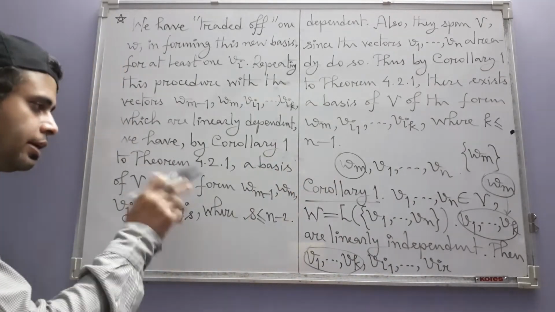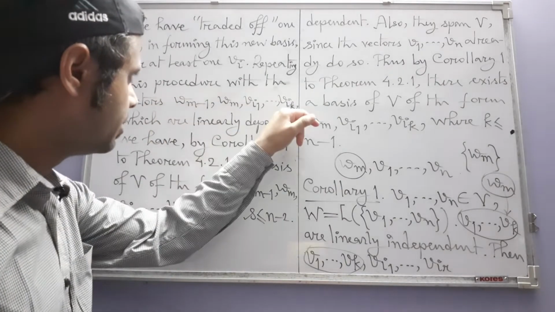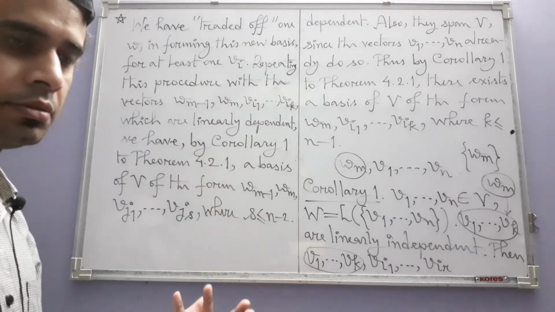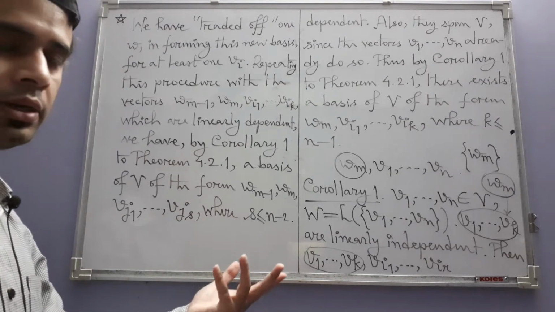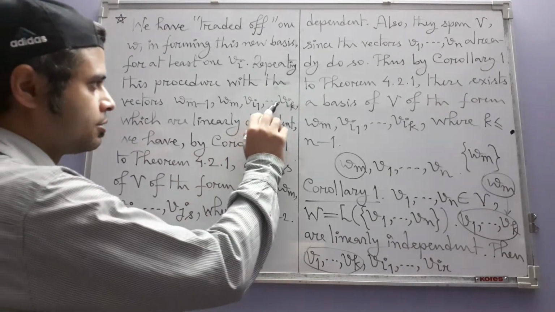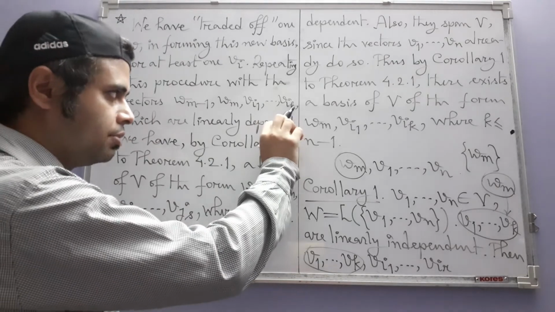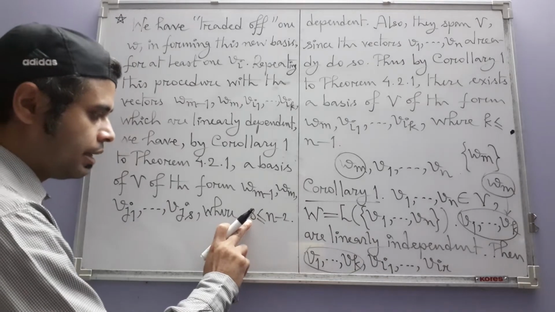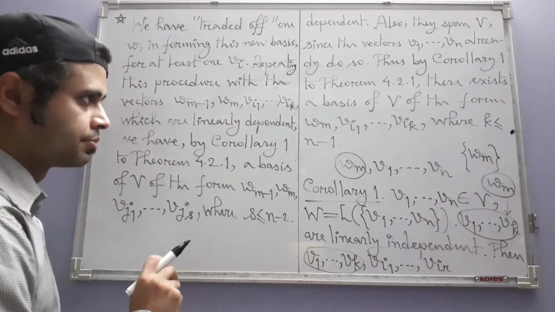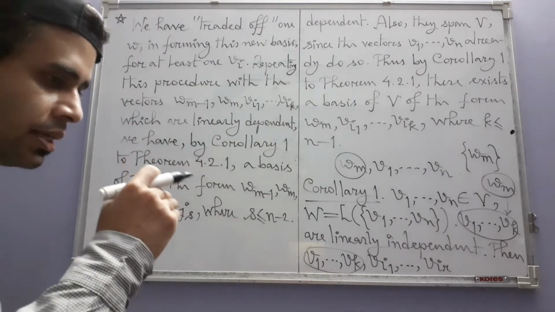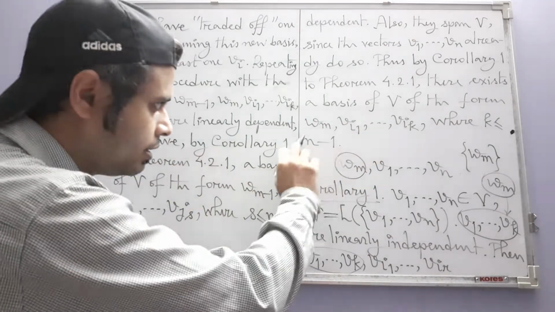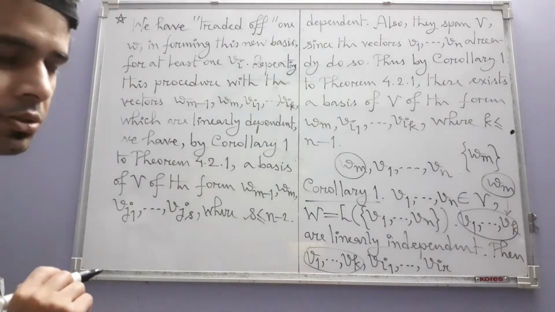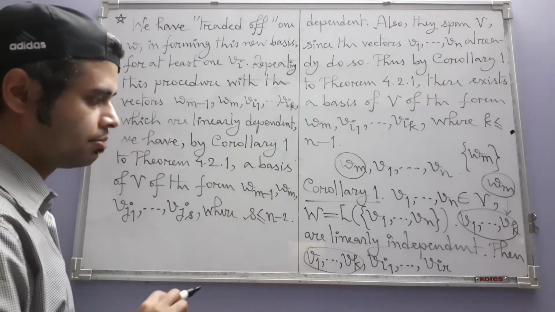But since again this set is linearly dependent and we are removing to form a basis which among other things is linearly independent, so something will be removed from these vi's. So s cannot be equal to k, and in the best possible scenario where k is n minus 1, s cannot be equal to n minus 1. S is never equal to n minus 1. S must be less than n minus 1.